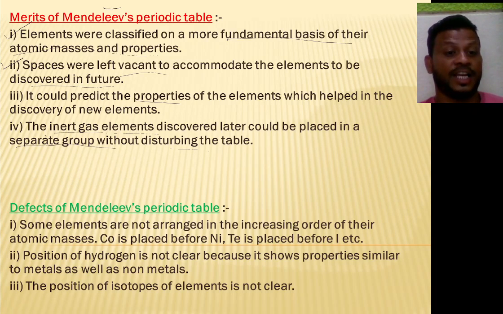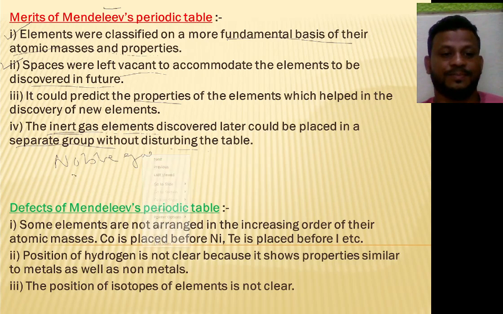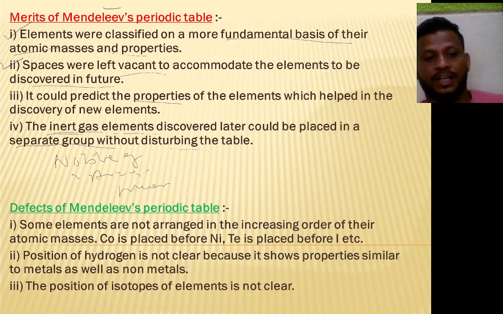Right? Inert gases, noble gases. What are they? Argon, neon. These are the noble gases. They are kept separately in the group without disturbing Mendeleev's periodic table.